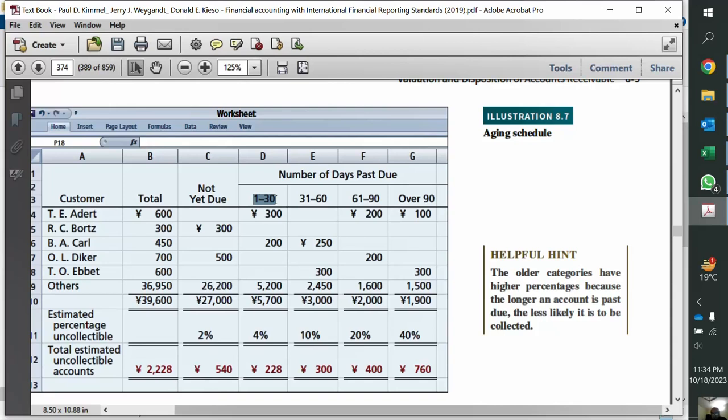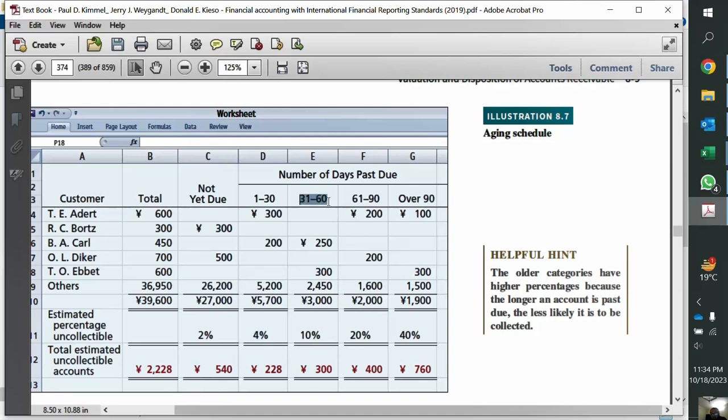It means the due date has passed, but the accounts are fresh. Fresh means that the due date has passed, but they are within 30 days after the due date. So they are not very old. So we still expect that the customer will pay because they have just lapsed a maximum of 30 days, right? So we will keep following up and probably we will collect some of the account. So the applicable percentage over here is 4%, right?